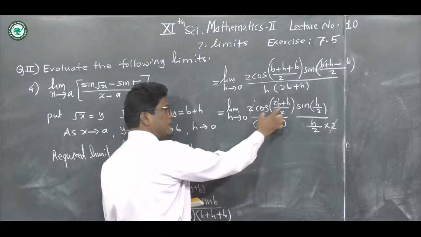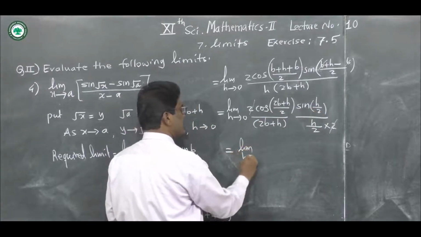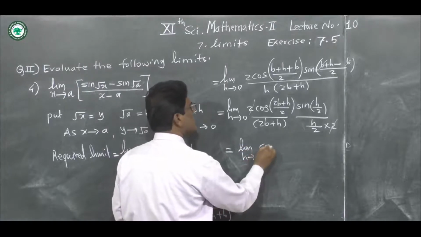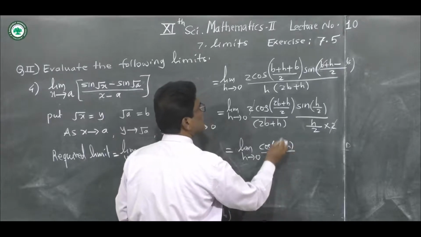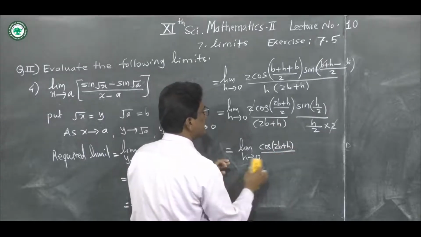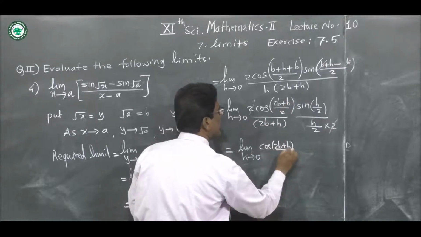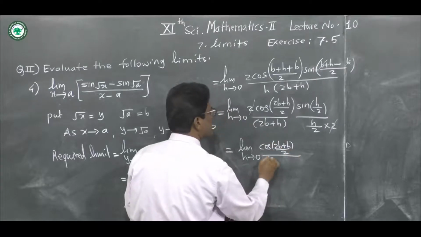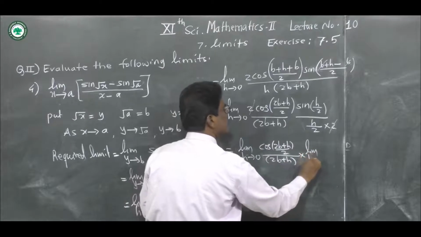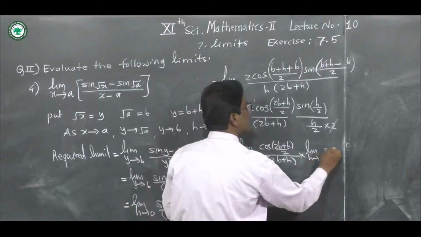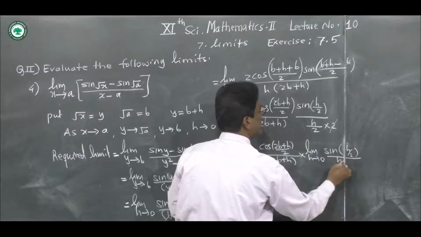Now we separate limit to this and this, so we get here limit as h tends to 0 cos of twice b plus h divided by 2, cos of twice b plus h divided by 2 and divided by this twice b plus h into limit as h tends to 0 sin of h by 2 divided by this h by 2.